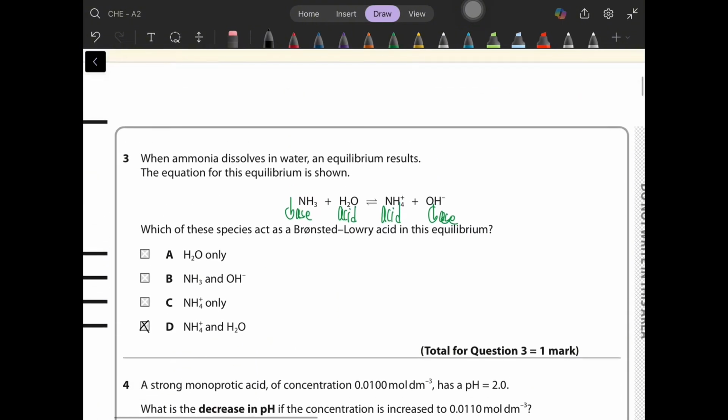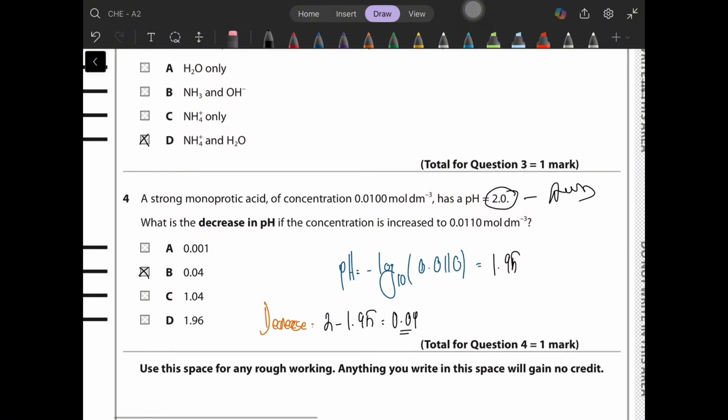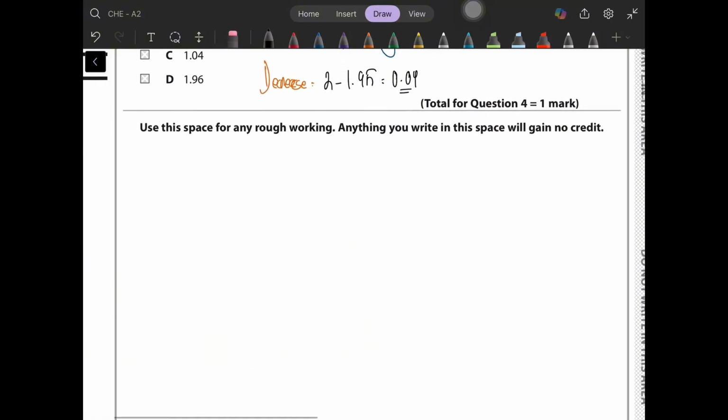Then the question says that the initial pH is 2. So the initial pH minus the answer that we find is going to be the decrease in pH. This is what I have done over here, and the decrease is B, 0.04. Clear? Let's move on to the next question.